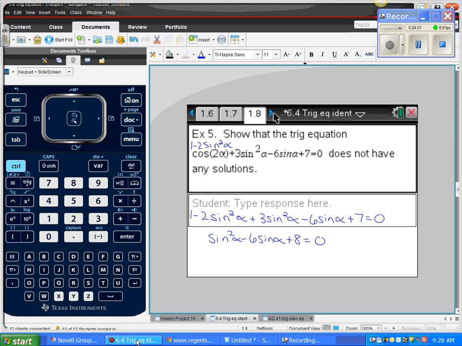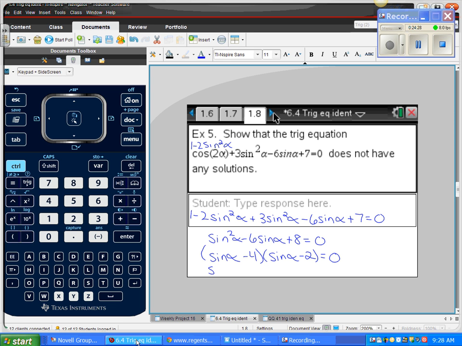Now we can go straight to what? Factoring. So sine alpha, sine alpha. So what multiplies to be a positive 8 and adds to be a negative 6? Yeah, minus 4, minus 2. Now what?